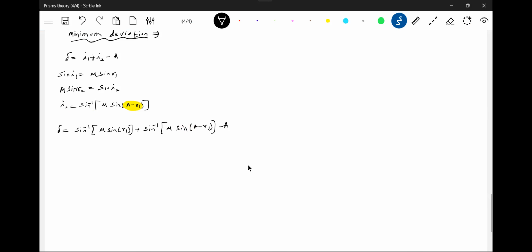Okay, let me differentiate this with respect to R1 because I have to calculate the minima.